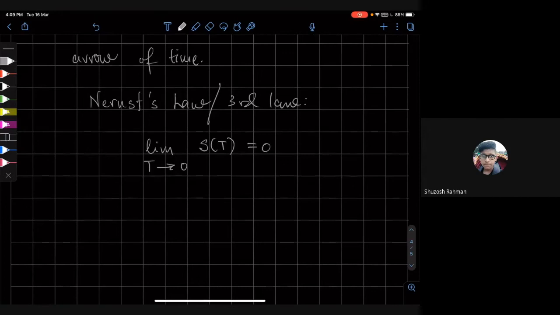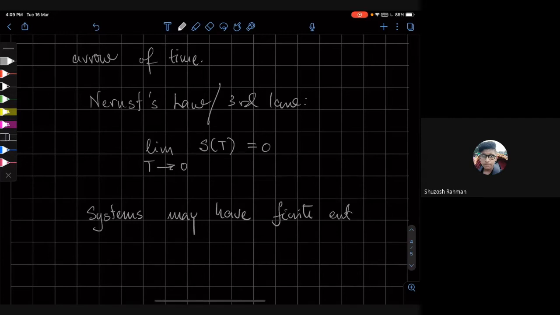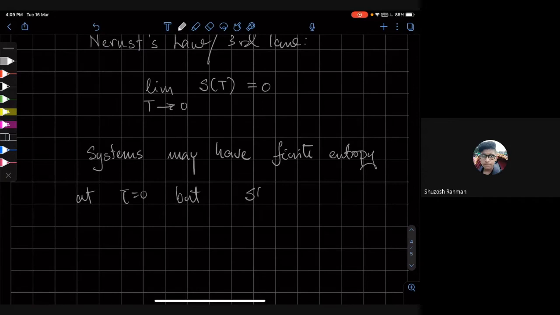So this is the third law, and in fact, this can be relaxed a little bit. Systems may have finite entropy at absolute 0, but the entropy density, that is, if the system consists of n particles, then the entropy density must go to 0 as T goes to 0 and n goes to infinity.